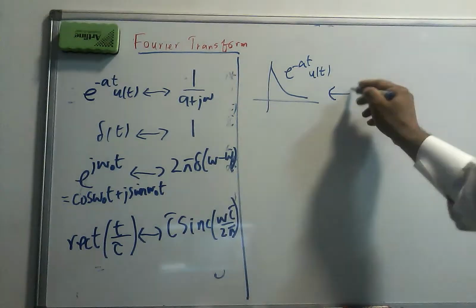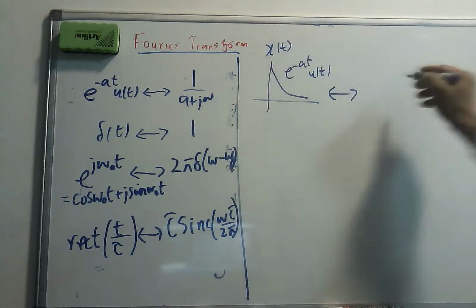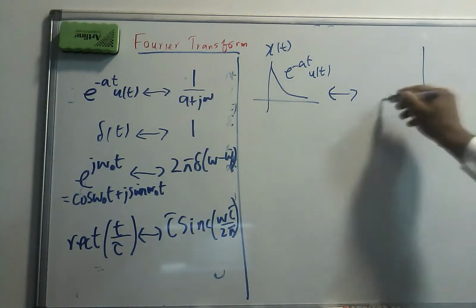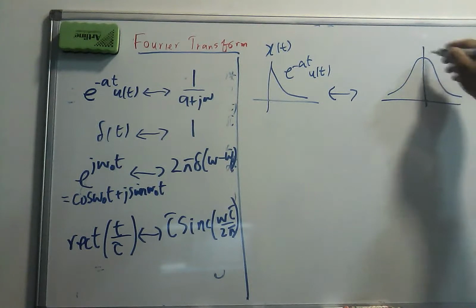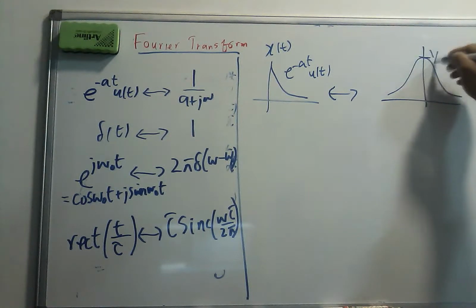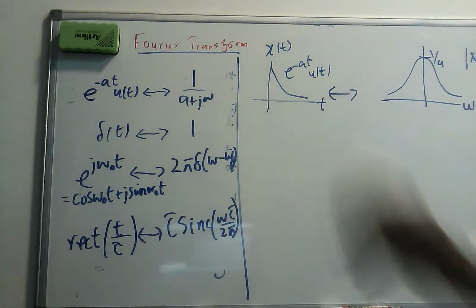If this is x of t, then x of omega is like this, 1 over a. So this is the magnitude of x of omega. This is the omega axis, this is the time axis.